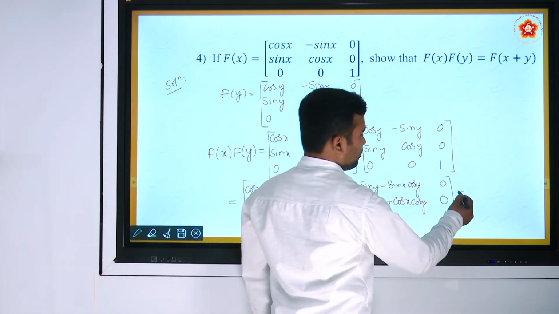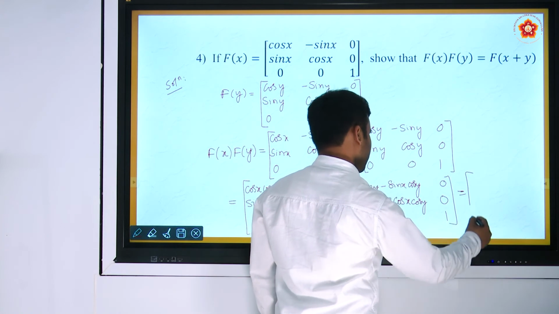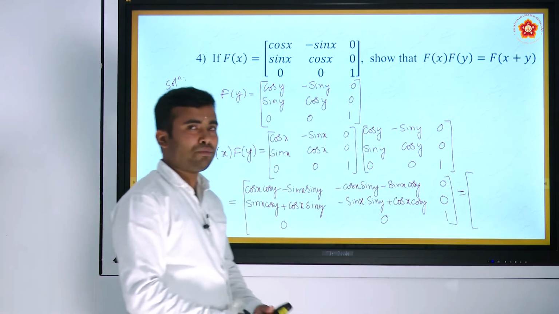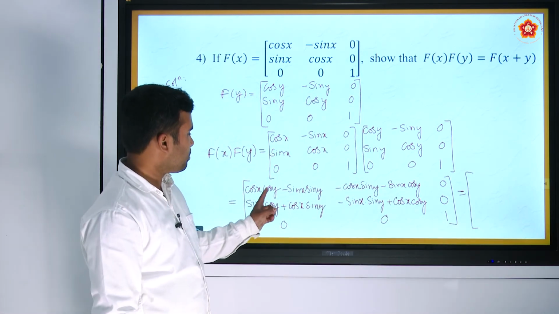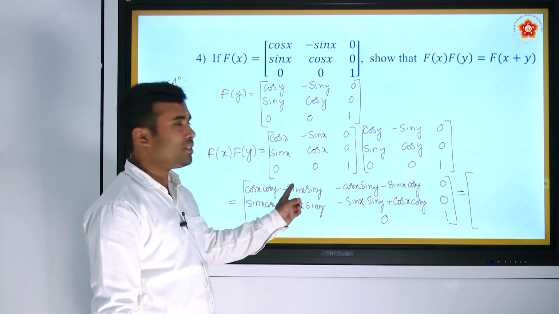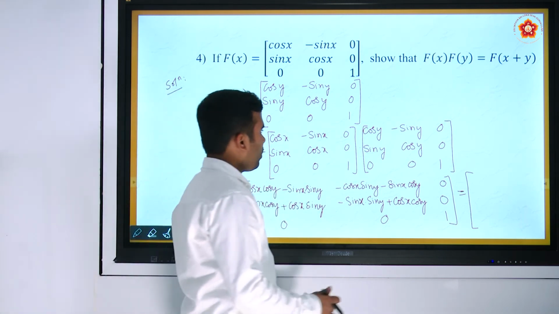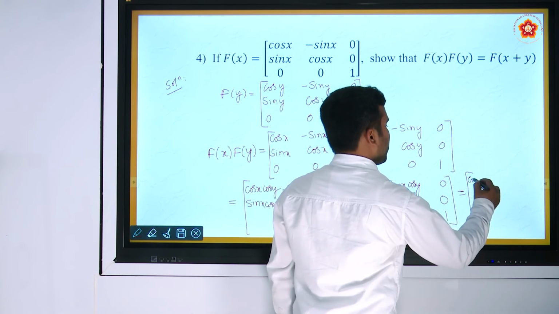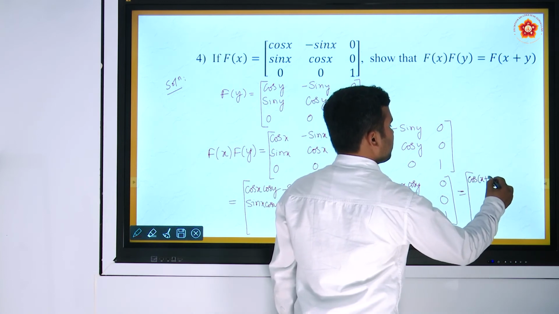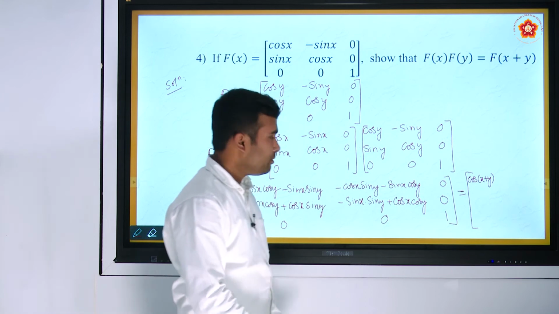This is equal to, so you know the basic formulas, cos x into cos y minus sin x into sin y. This is nothing but cos of x plus y. Okay.